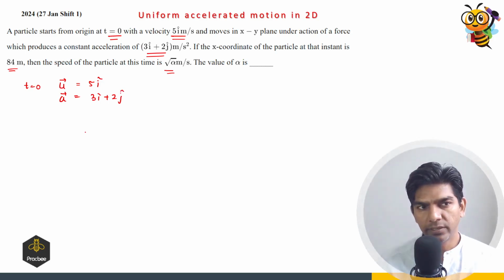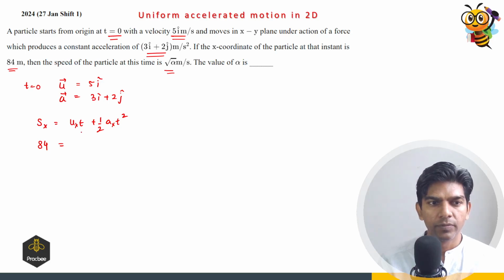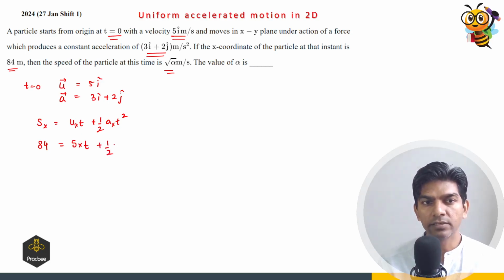By using this data, let me find the displacement in the x direction, which will be u x t plus half a x t square. So displacement is given as 84 in the x direction. Initial velocity in the x direction is 5 times t plus half, acceleration in the x direction is given as 3.